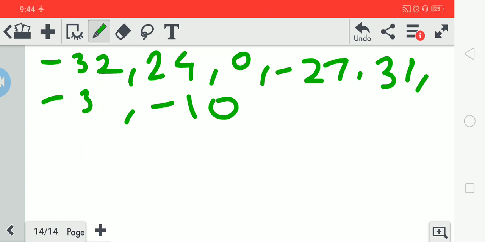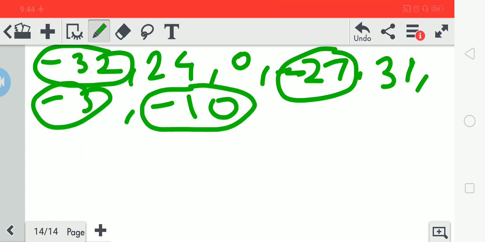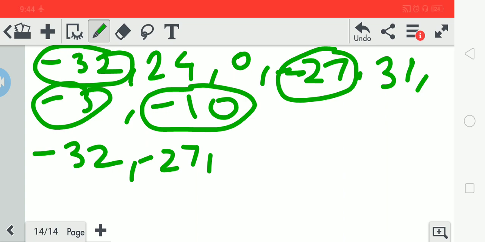First make a group of the negative numbers: minus 32, minus 27, minus 31, minus 3 and minus 10. Now here the smallest number is minus 32 because it is the leftmost on the number line. After minus 32, minus 31 and minus 27 will come, after that minus 10 and minus 3.